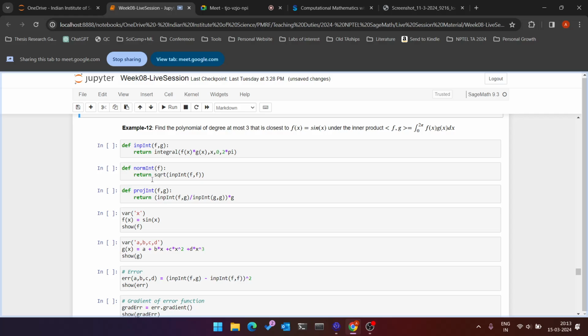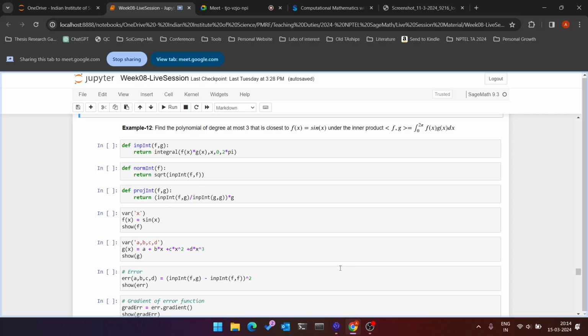Closest would basically mean that we can define any particular polynomial of degree 3, say a plus bx plus cx square plus dx cube, and check how the inner product of f comma g is different from f comma f. So the difference in inner product should be minimized.